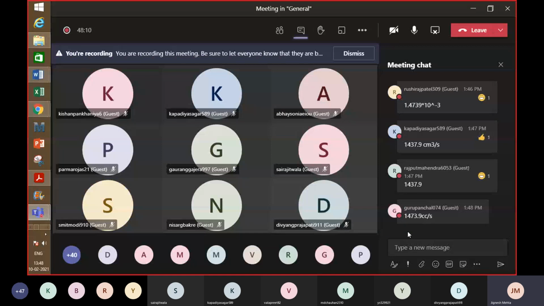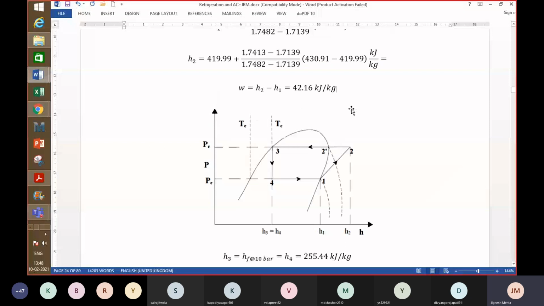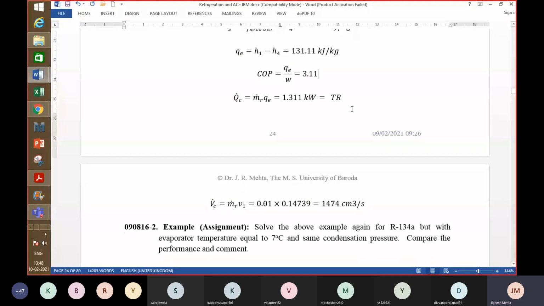Okay. So this many cc's per second, and if it is running at 1400 rpm, revolutions per minute, you convert RPM into RPS, revolutions per second. So 1400 by 60. So that many strokes are occurring per second, right?